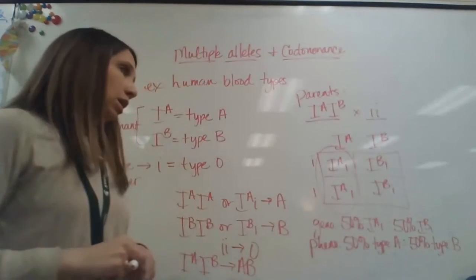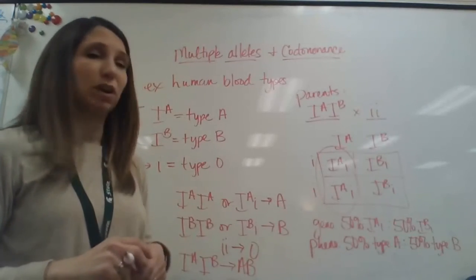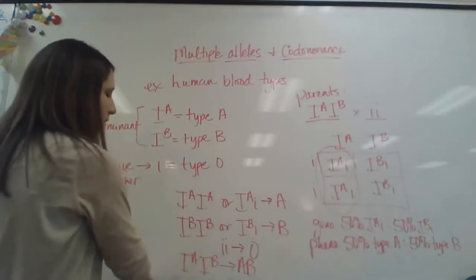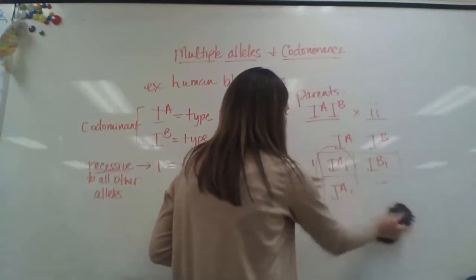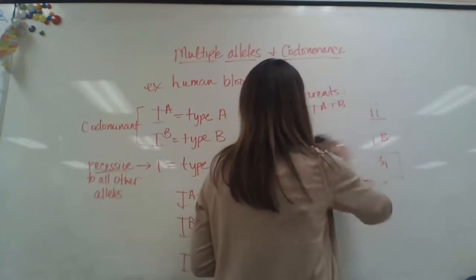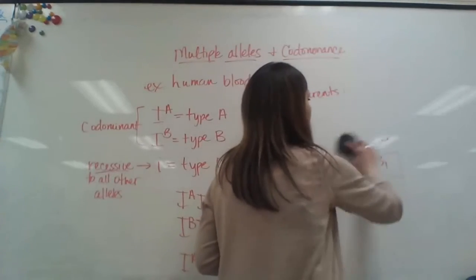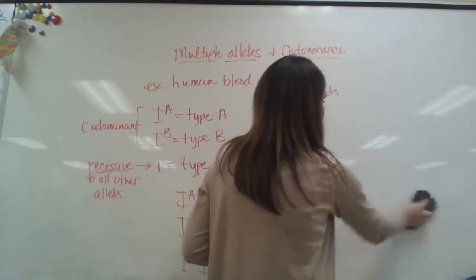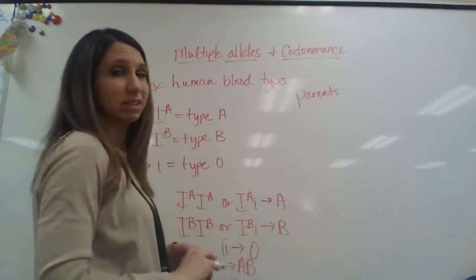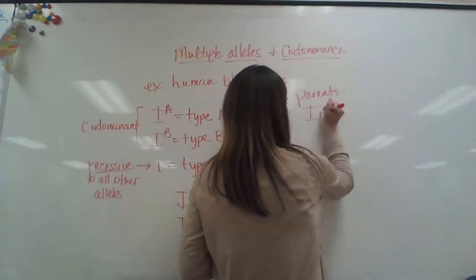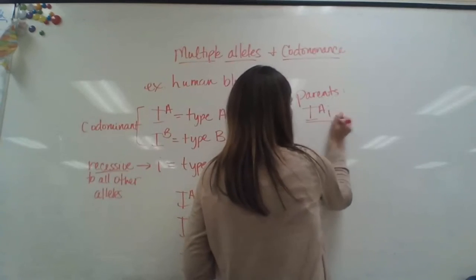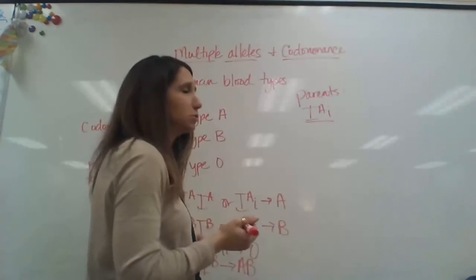Now, let's do another one where maybe we don't get 50-50 ratios, okay? So let's look at what that might look like. I'm going to stick with blood types, and I'm going to stick with two parents, but I'm going to give these parents two different genotypes that I know will give me some differences in the offspring, okay? So in this case, I'm going to cross one parent who is blood type A, but is heterozygous for that A trait.